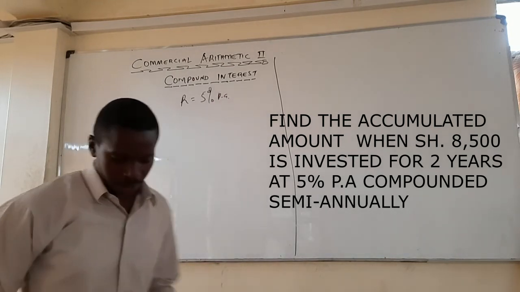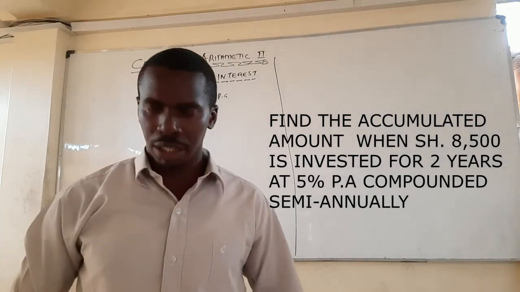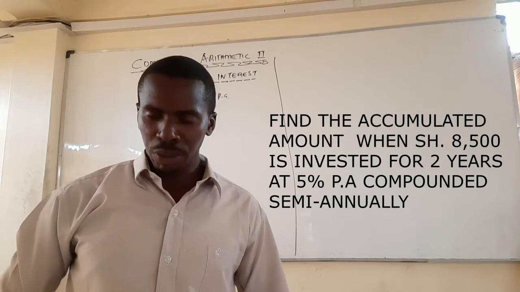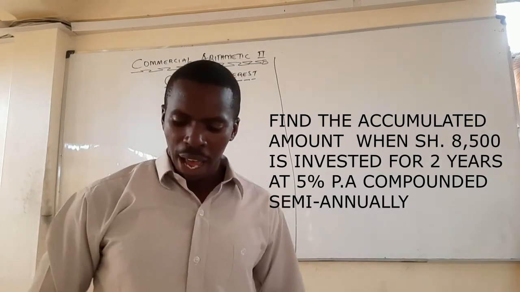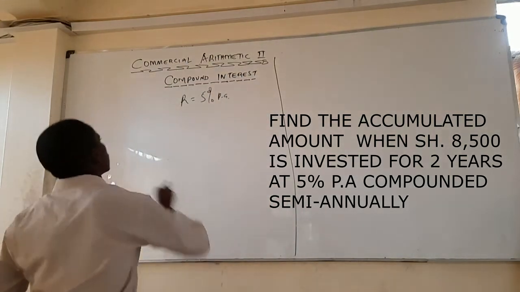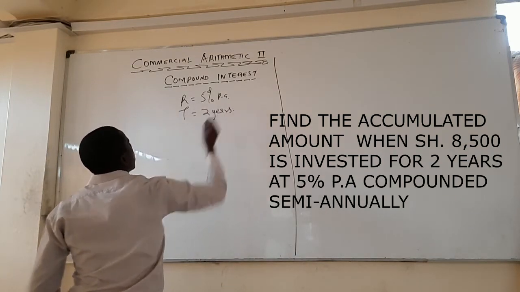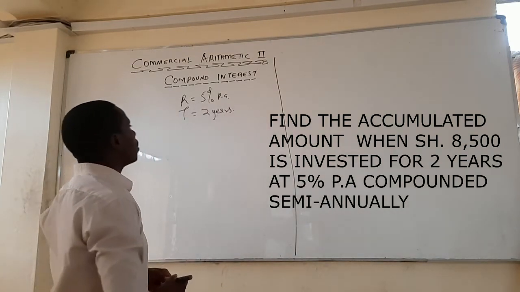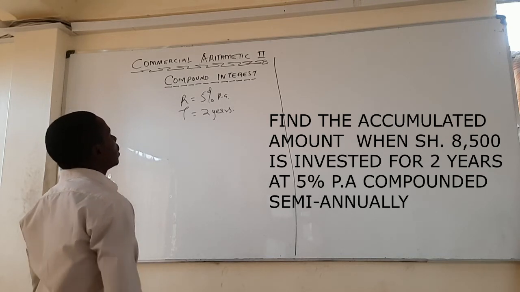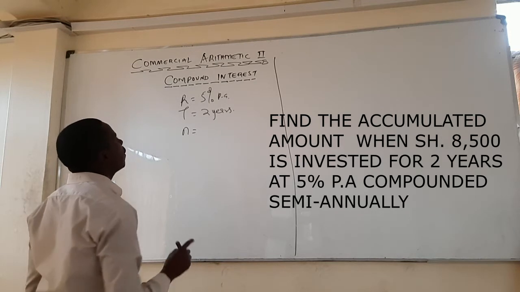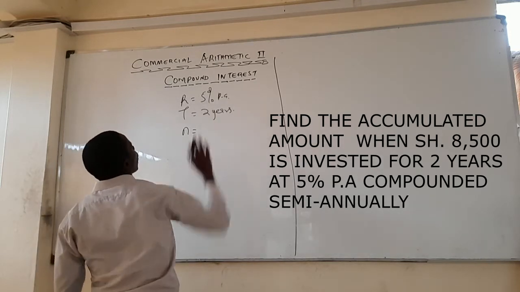But our compound interest in this question is compounded semi-annually, meaning now our time is 2 years. The number of times per annum, there are 2 for 1 year.